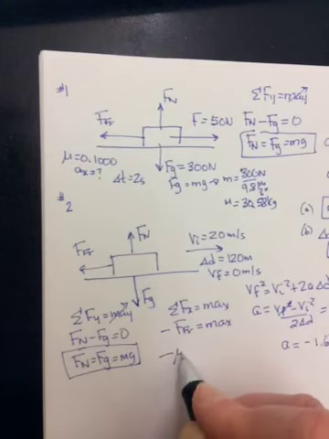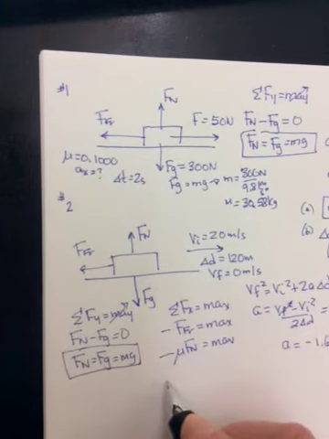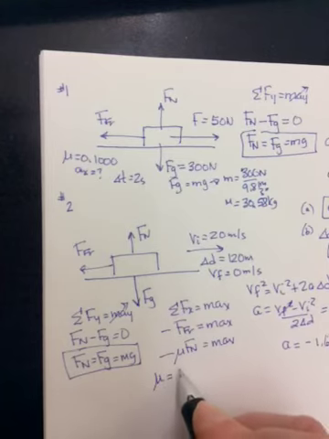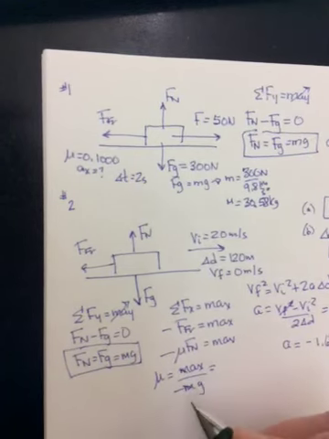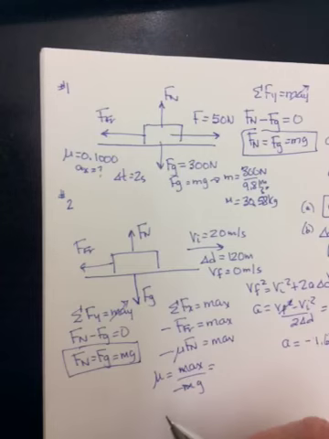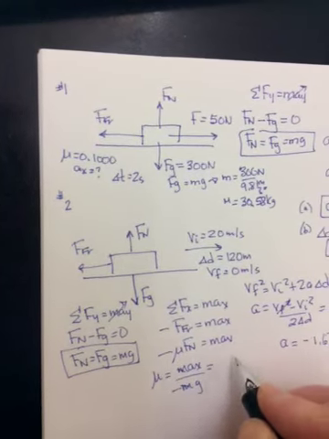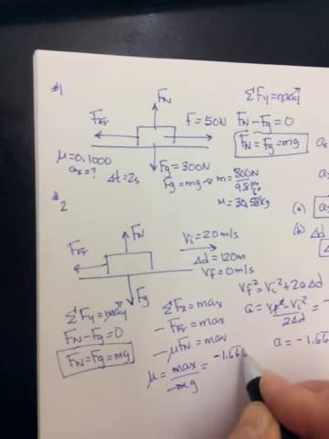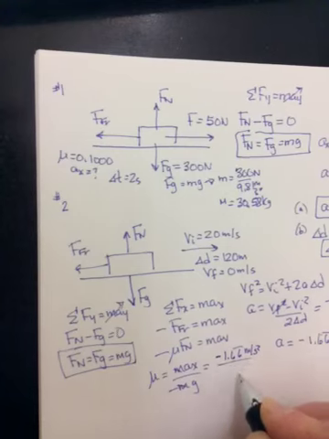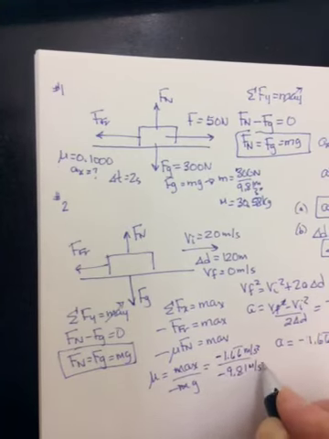We know friction is actually mu Fn. Is equal to max. We're solving for mu, so mu will equal max over negative mg. The m's cancel. The a, I still think, anyway, the a is negative 1.6 repeating, even though in my book I have 3.3 repeating, over negative 9.81 meters per second squared.